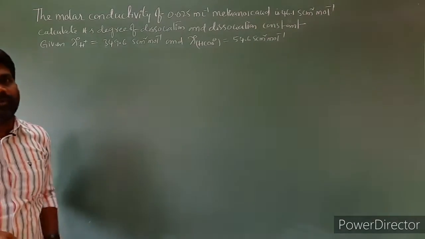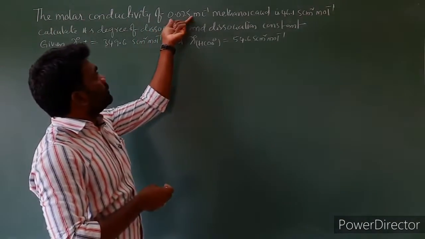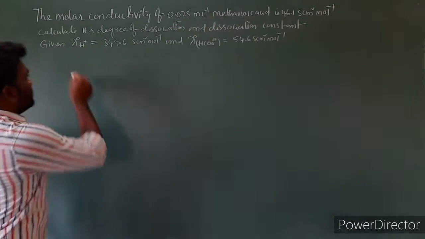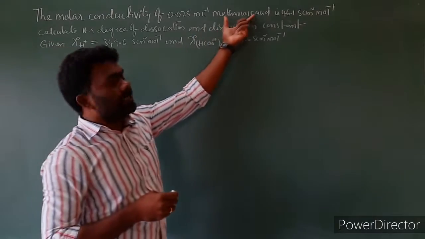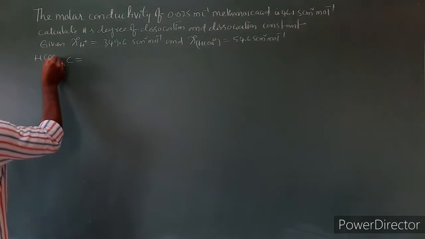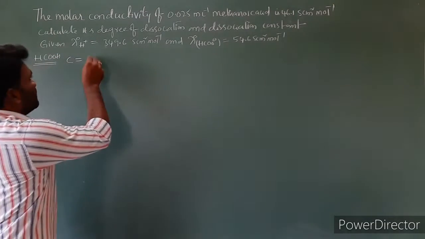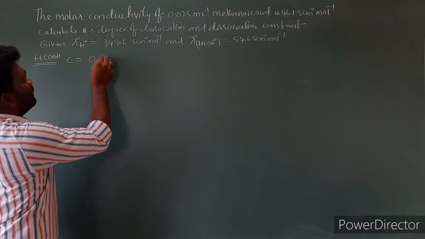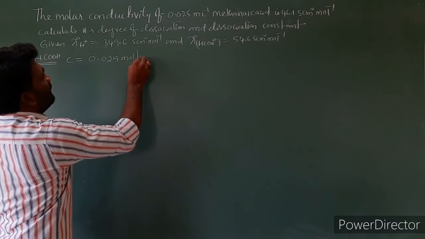So for this problem, first we have to write the data that is given. Concentration is given. C is equal to the concentration of methanoic acid. Methanoic acid formula is HCOOH. Its concentration is given, 0.025 mole per liter.